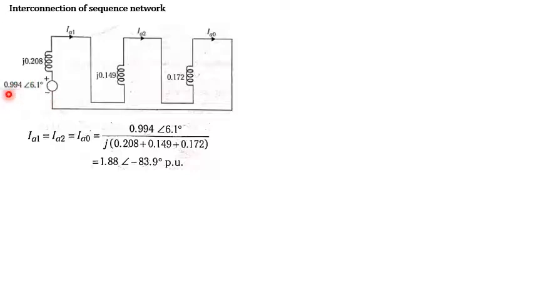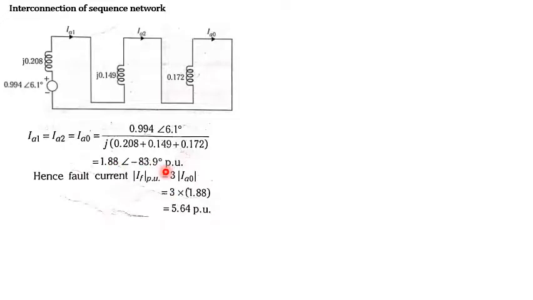What is the source of EMF? That is 0.994 at an angle of 6.1. The total impedance of the network, positive, negative and zero, is 0.208 plus 0.149 plus 0.172, and you will get 1.88 at an angle of minus 83.9 degrees.